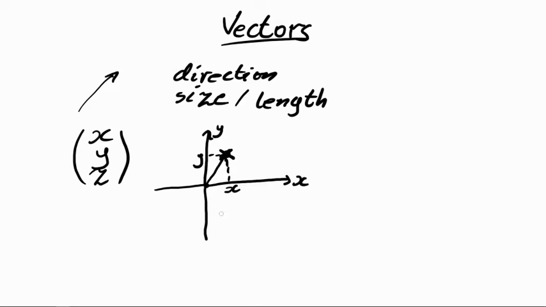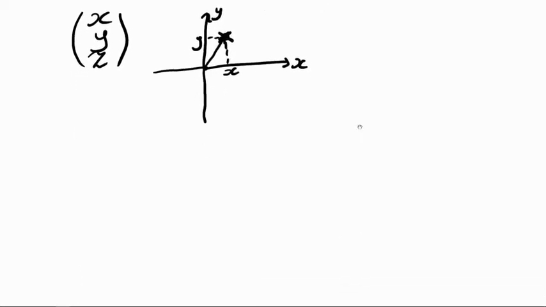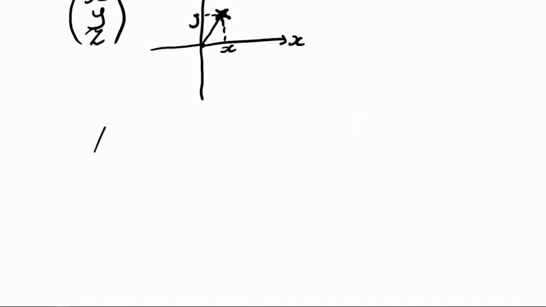We don't just want to be able to store vectors and wonder at this list of numbers. We want to be able to actually do stuff with them. The first thing we want to be able to do is addition. The way we do this is really nice and simple.